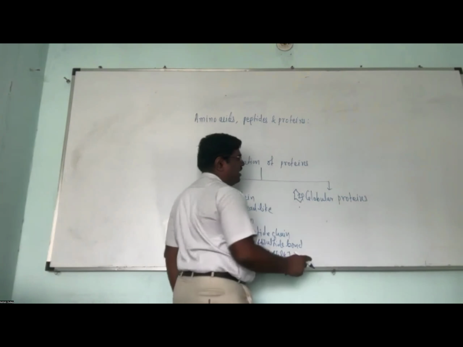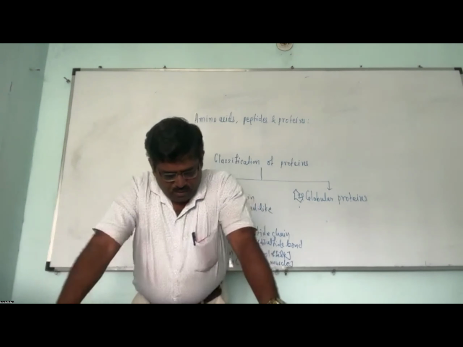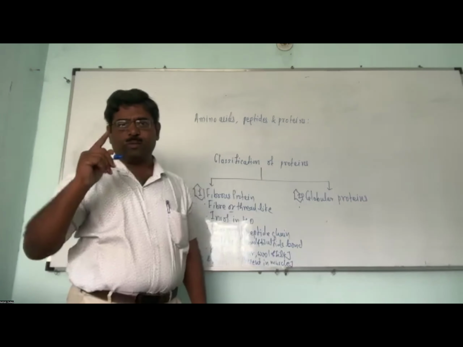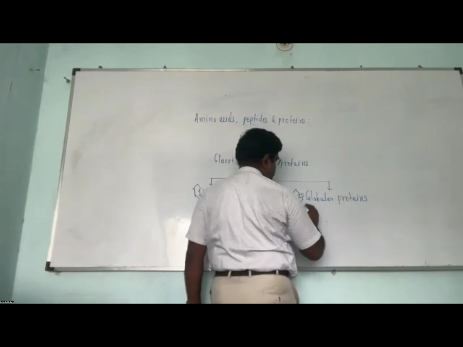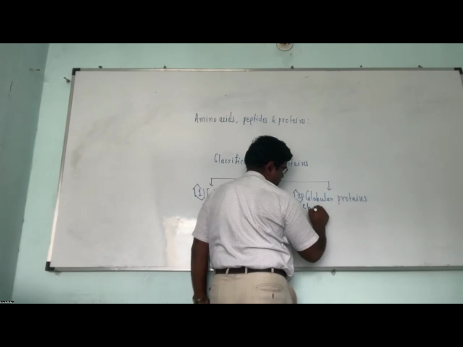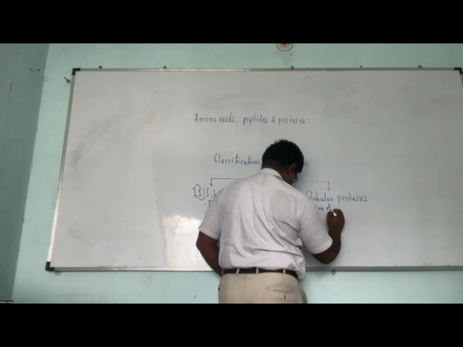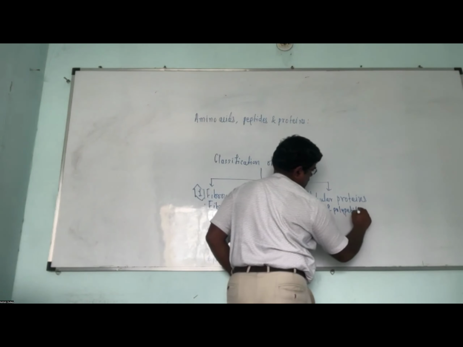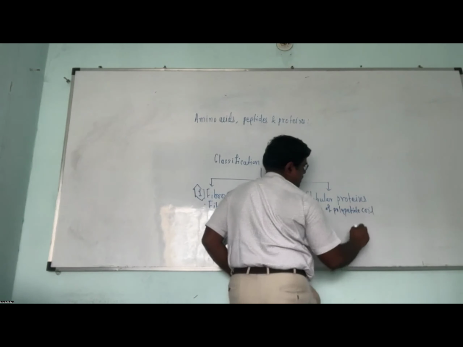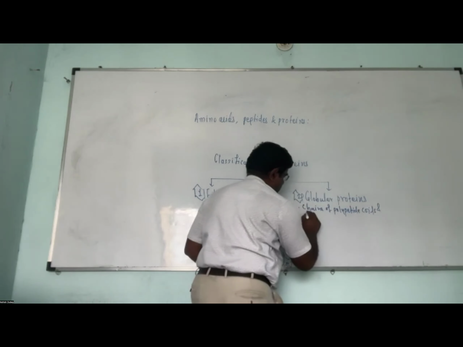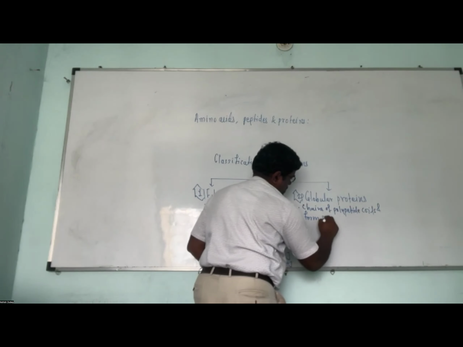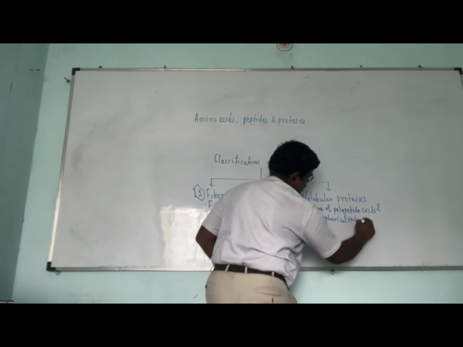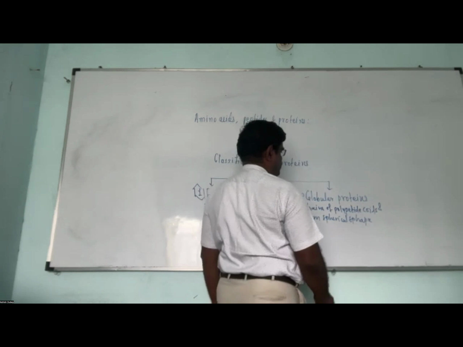Why the name globular? The chains of polypeptide coil, just like the spring of a pen, and form a spherical shape called globular shape.